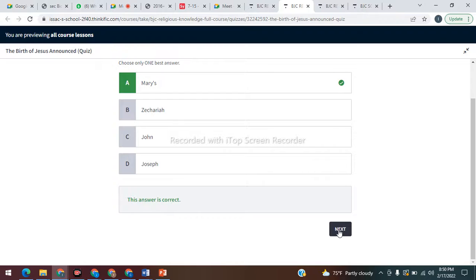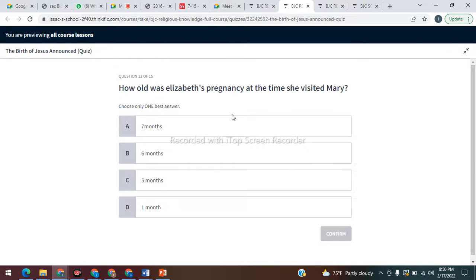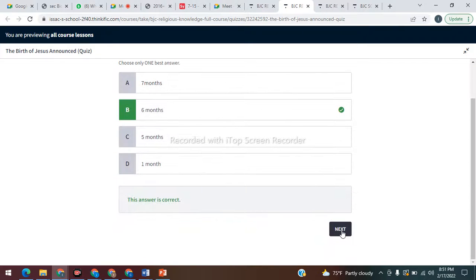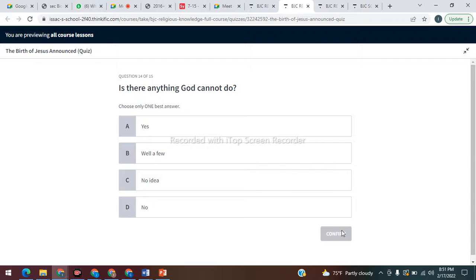How old was Elizabeth's pregnancy at the time she visited Mary? Six months. Is there anything that God cannot do? No.